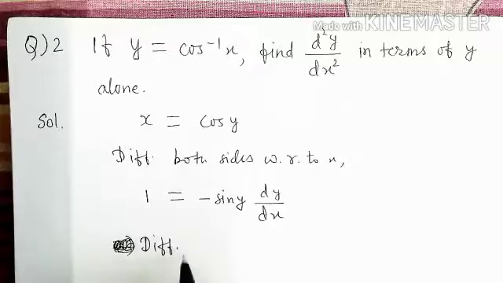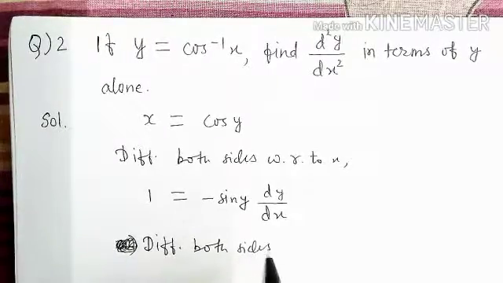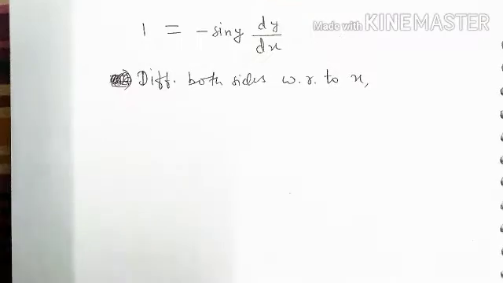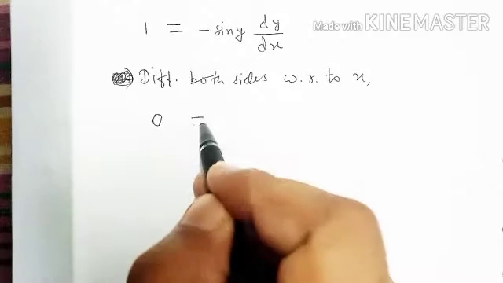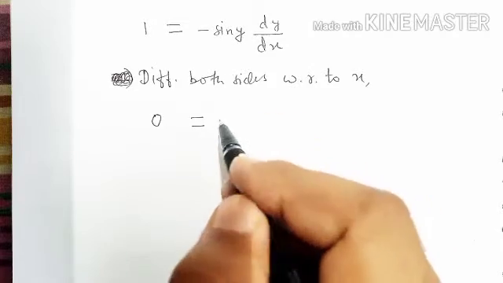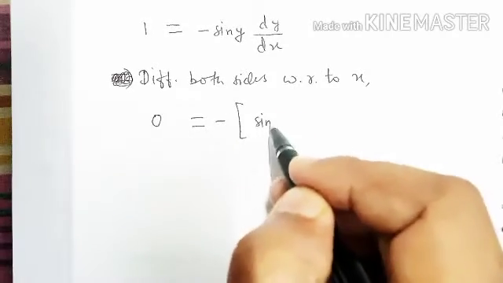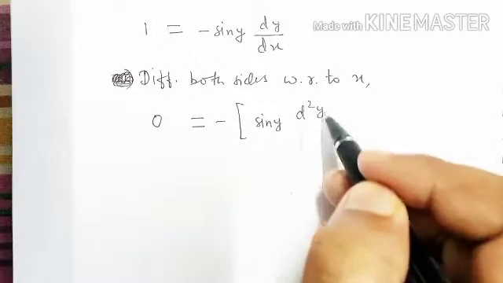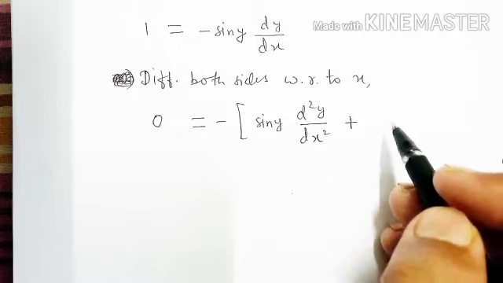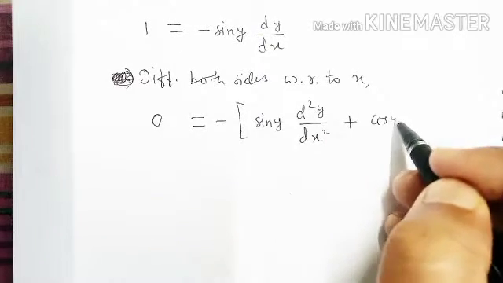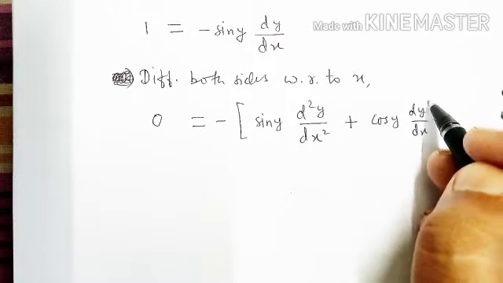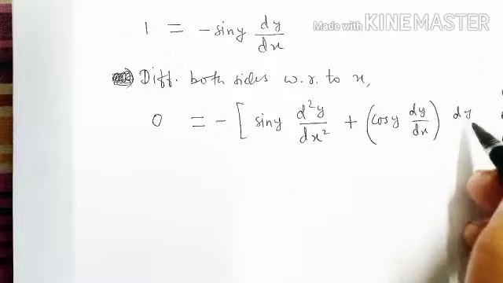From here, differentiating both sides with respect to x, we have 0 is equal to minus sin y, the derivative of dy by dx is d2y by dx square, and now the derivative of sin y is cos y dy by dx.